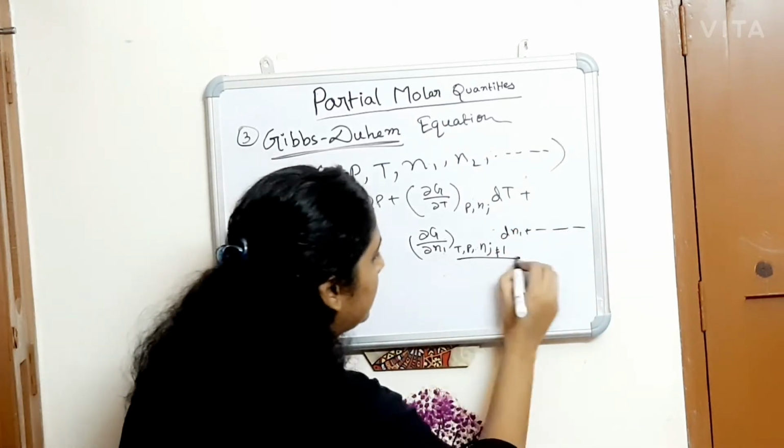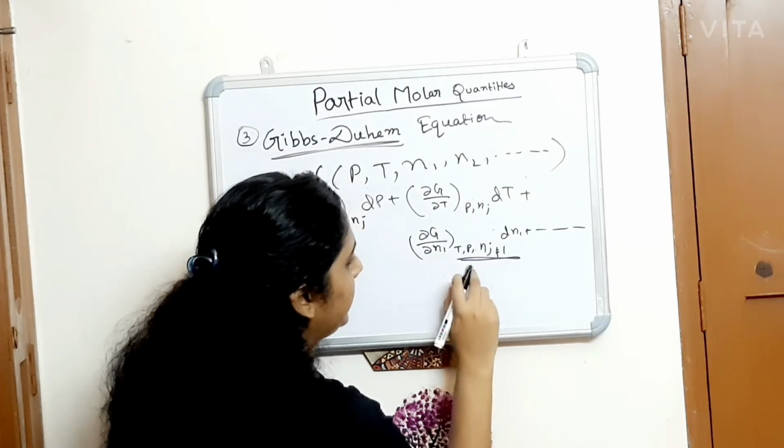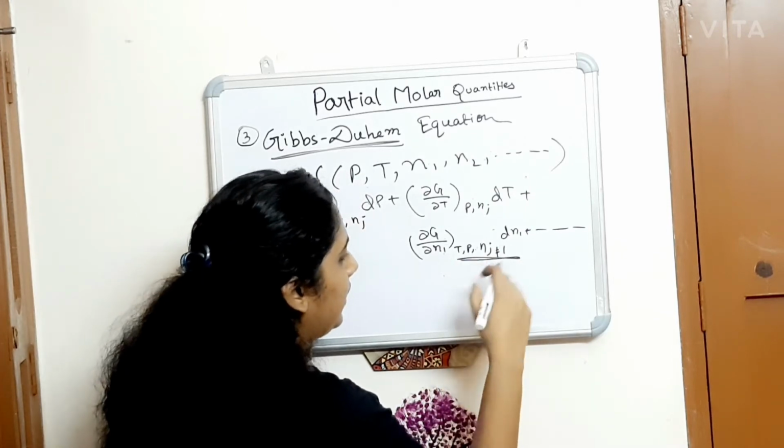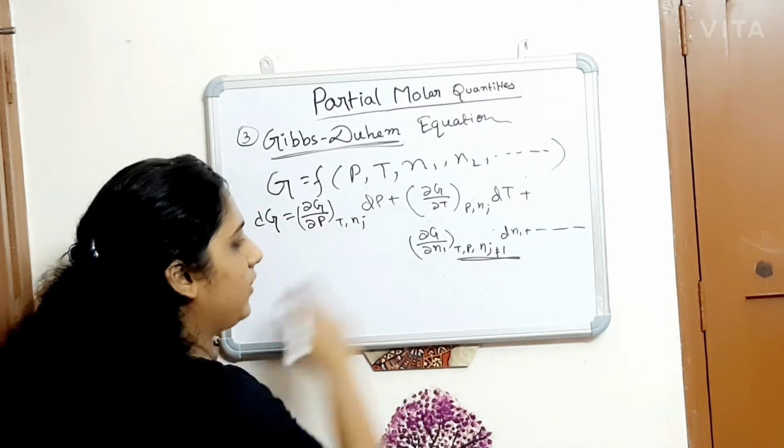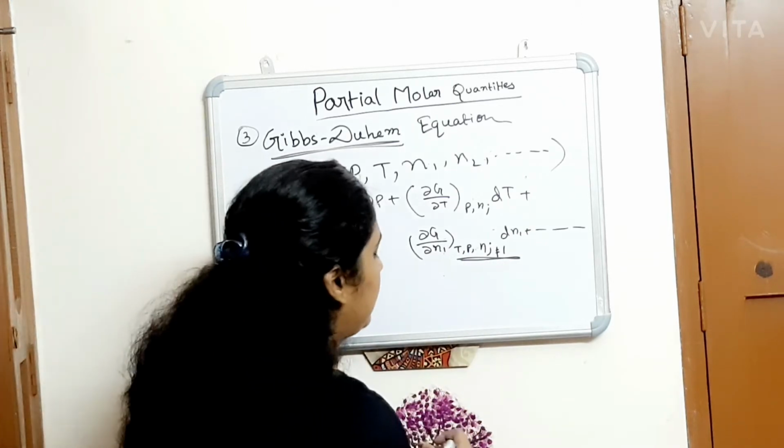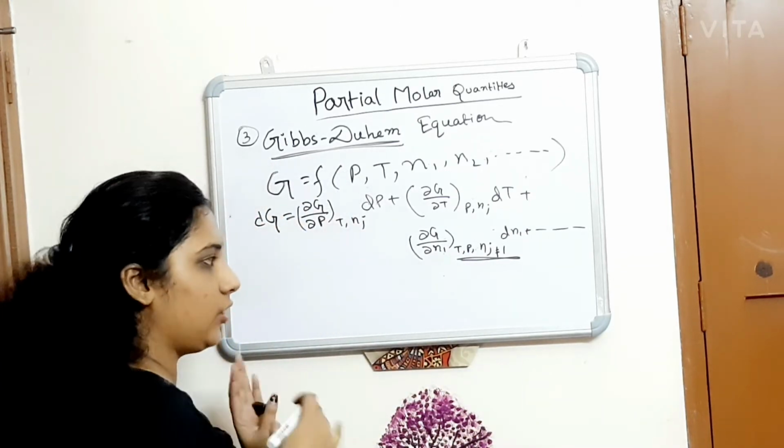What is the meaning of this? That T and P are constant, and only component 1 is variable, the moles of the other components are constant.